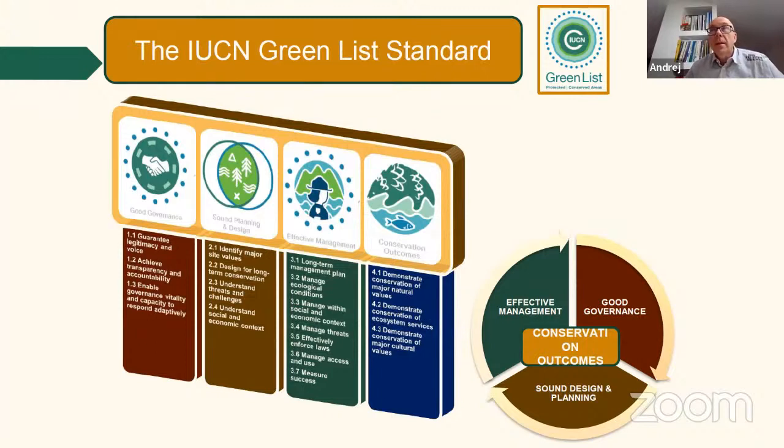So the first is the effective management per se. It also evaluates the governance. So who is taking the decisions, who is responsible, how stakeholders are engaged or involved in these management processes. And it checks how the areas are designed and planned. So they're looking also at the planning components and spatial components of these areas.